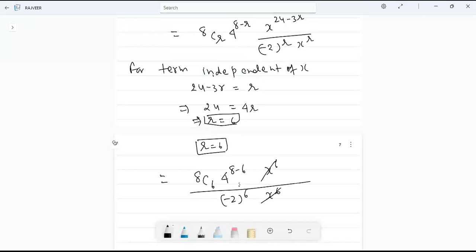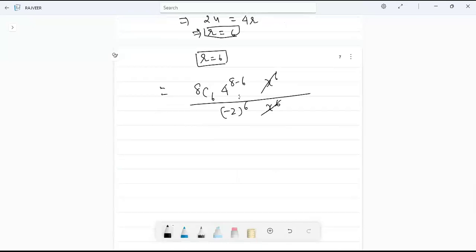Now, whatever remains, we just have to simplify, and that will be the term independent of x. So we have 8C6, which is 8 into 7 over 1 into 2. And this can be written as factorial 6, and in the denominator also we have factorial 6. Cancel out.